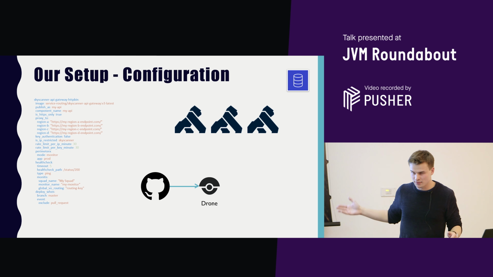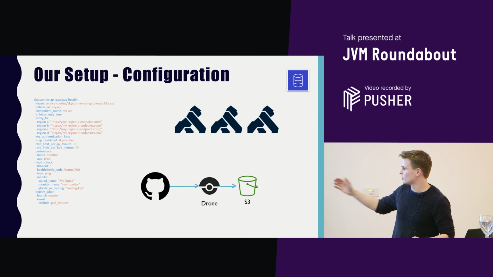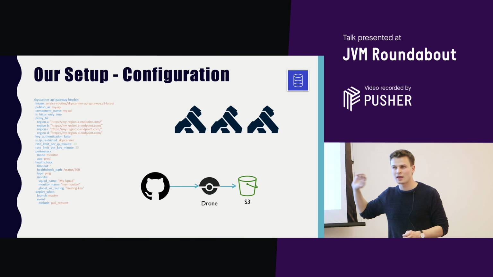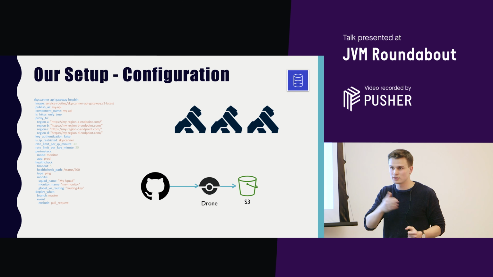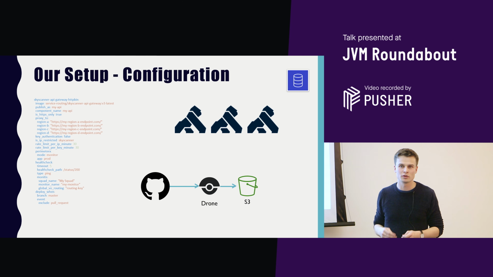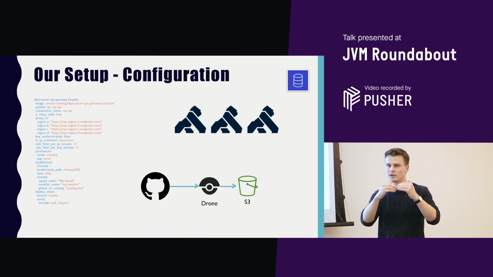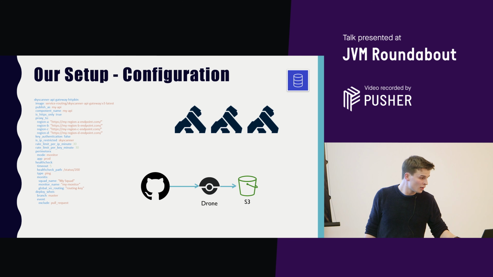So, simple thing, we just made our drone builds copy everyone's config to an S3 bucket. And we use the S3 built-in versioning, so each time they upload a new one, it just overwrites, but really behind the scenes all the old ones are still there, so if we ever need to revert or anything like that, we're good to do so.